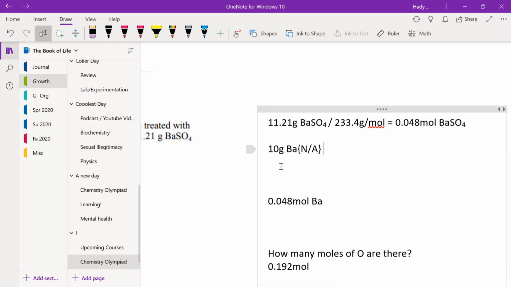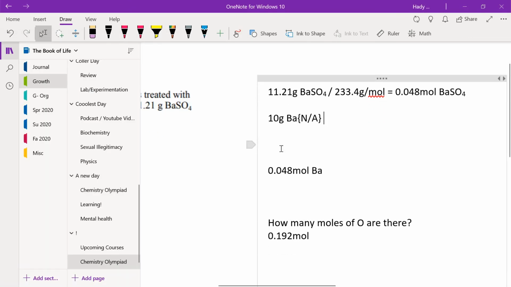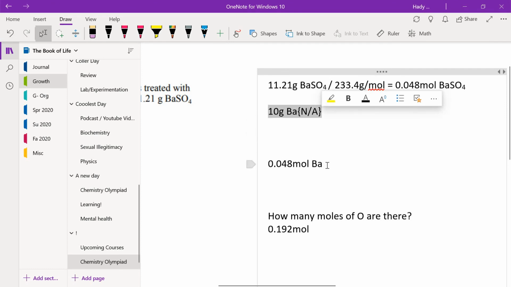Actually, I do see a way you could do it from here. It might be even easier. Essentially, you're asking yourself, which calculation would get me having 0.048 moles of barium?